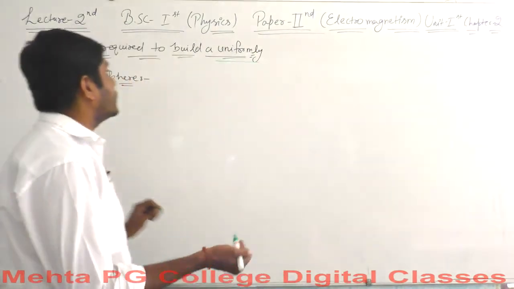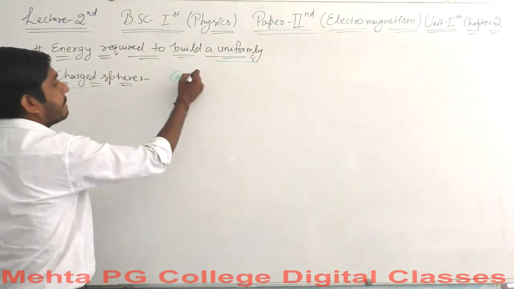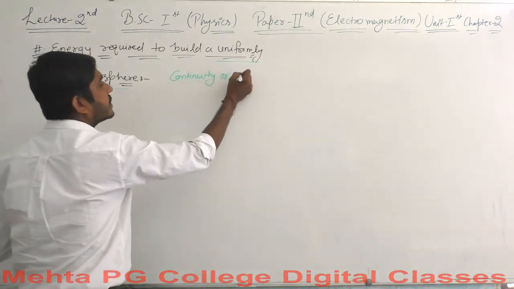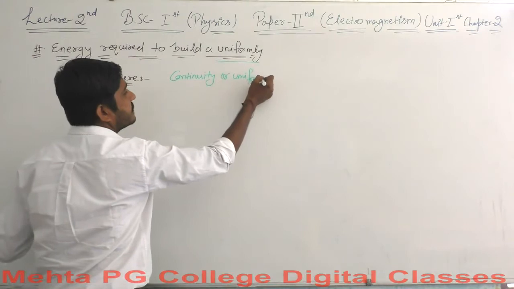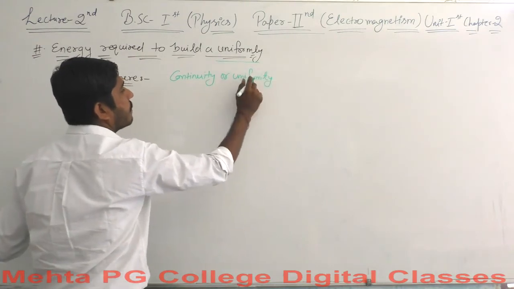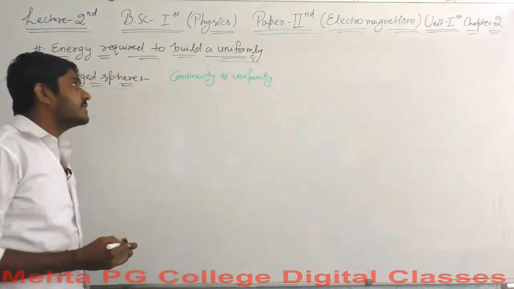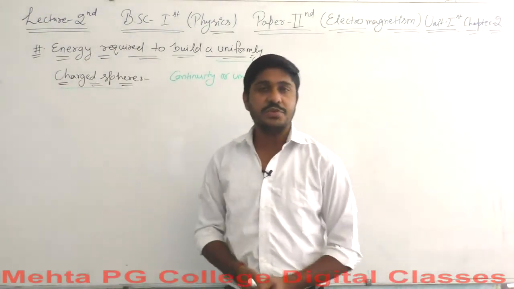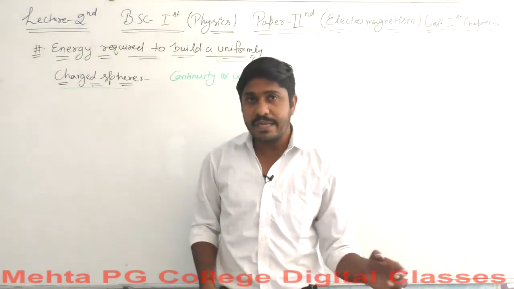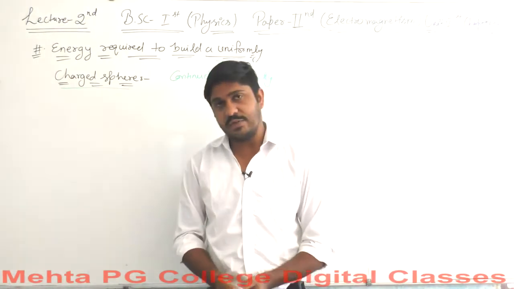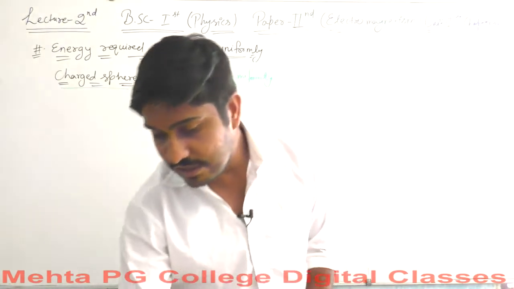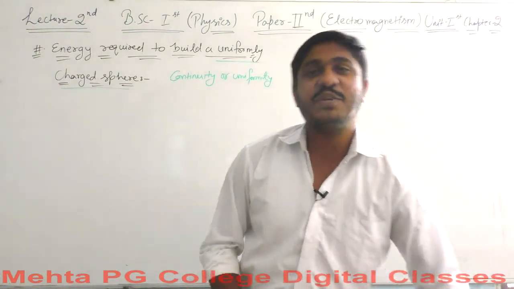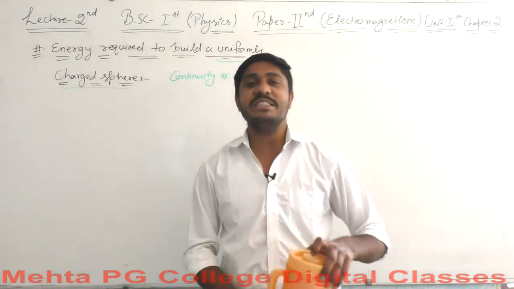Yes, a new term introduced here is the continuity or uniformity. The continuity of charge distribution or the uniformity of charge distribution, both have the same meaning here. And for one more example, we will use the same water jug example.